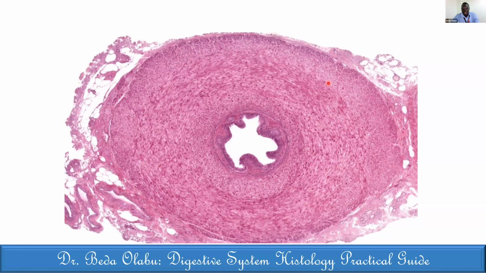Very well. So in addition to the fact that it's a thick muscular layer, we can see from there to there, it's one orientation of muscle. Then from there to there is another muscular orientation, and from there to there is another. So we have 3 muscular orientations: this is 1, this is 2, this is 3.